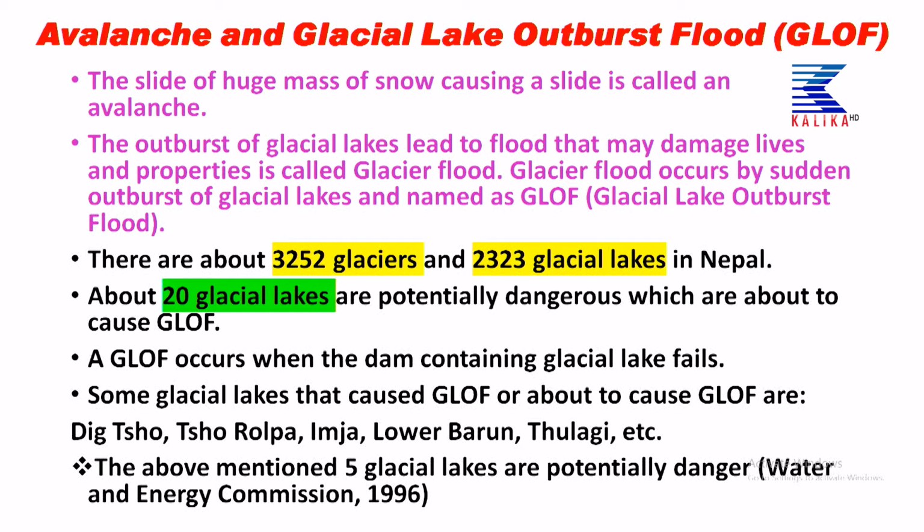So there are 20 lakes in very dangerous conditions, and out of them, the 5 lakes Dikcho, Chorolpa, Imja, Lower Barun, and Tulagi are about to explode. The Dikcho already exploded in the year 1985. So Chorolpa is about to explode, and Imja, Lower Barun and Tulagi have the same problem as well. And there is a human settlement down there, and these people are potentially at high risk.